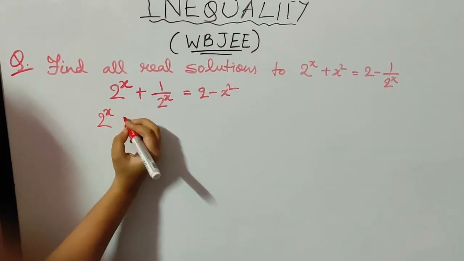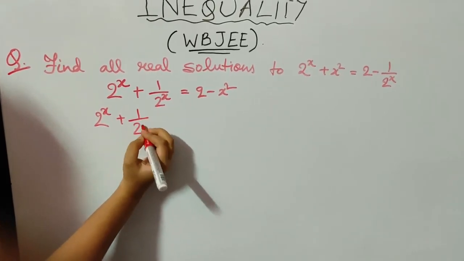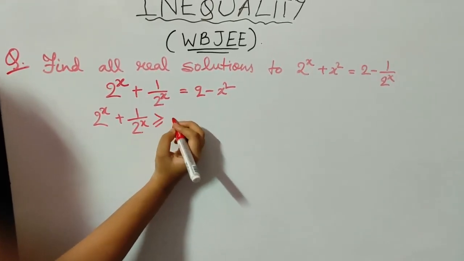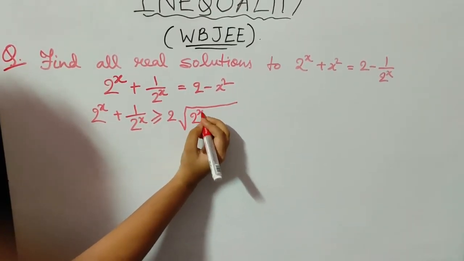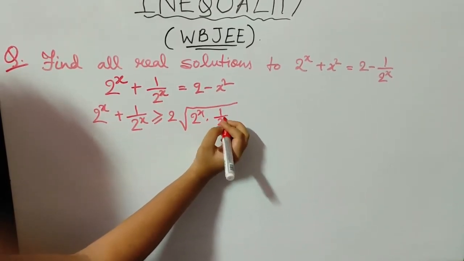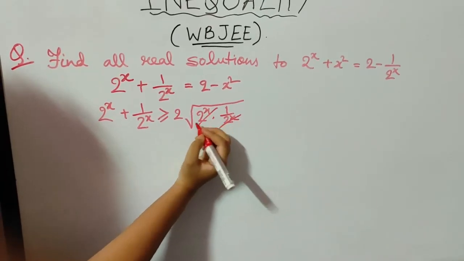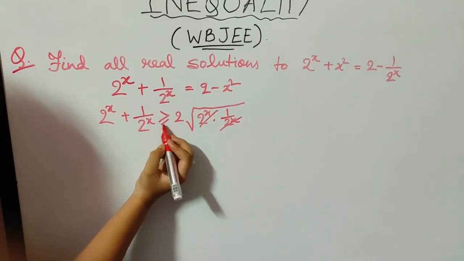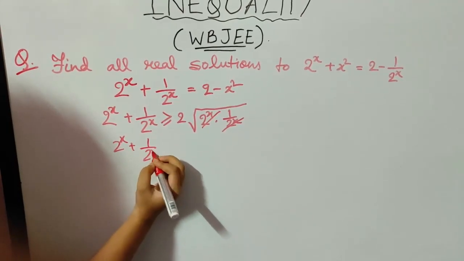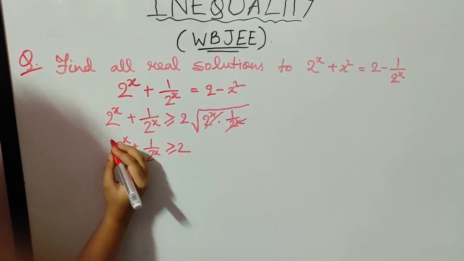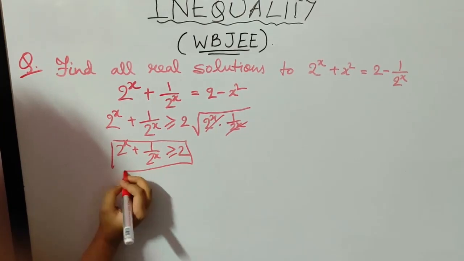So 2 to the power x plus 1 by 2 to the power x should be greater than or equal to 2 into root over 2 to the power x into 1 by 2 to the power x. This we can cancel, and ultimately this should be greater than or equal to 2. So this is the first result we obtain.